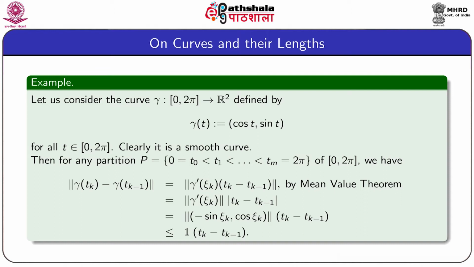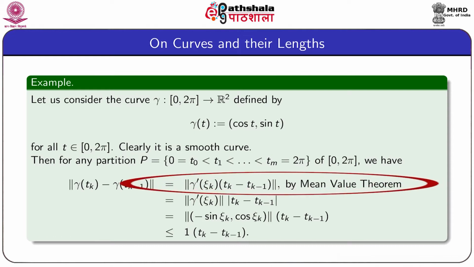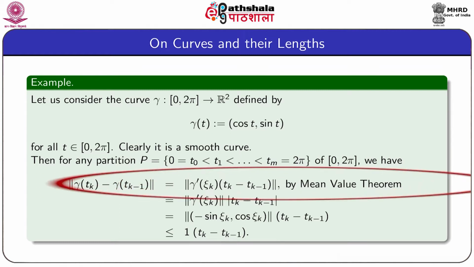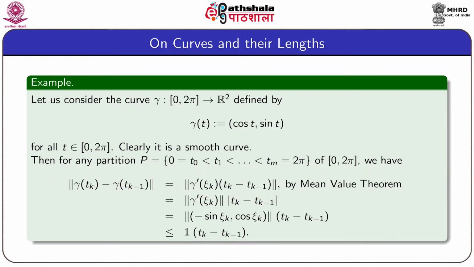We check the norm of gamma(tk) minus gamma(tk-1) equals the norm of gamma dash(xi k) multiplied by (tk minus tk-1) using the mean value theorem. Here xi k is some point intermediate between tk-1 and tk. So, we can write this as the norm of gamma dash(xi k) into modulus of tk minus tk-1.